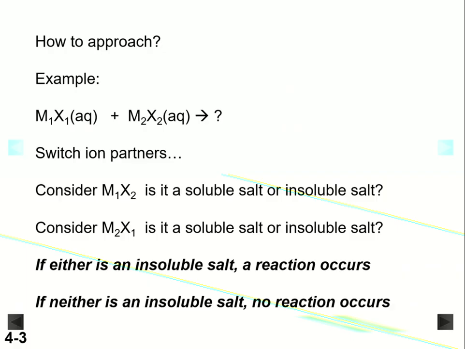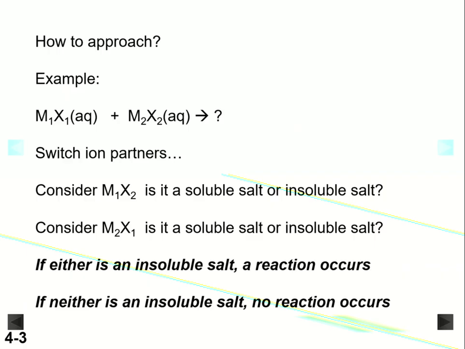M1X1 is, for example, sodium iodate. So M1 would be a metal and X1 will be an anion of some sort, either a halide, oxide, or a polyatomic anion. So M1X1 is a soluble salt, and M2X2 is another soluble salt with a different cation and anion pair, M2 and X2.